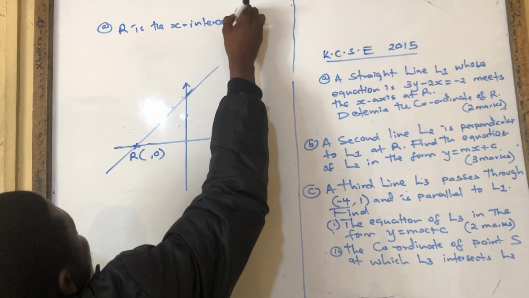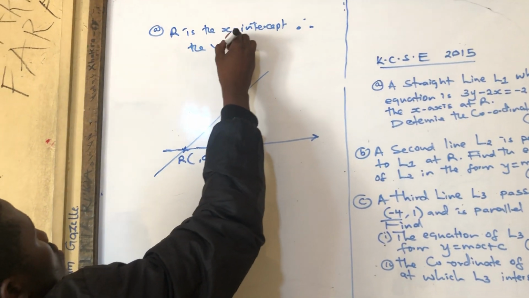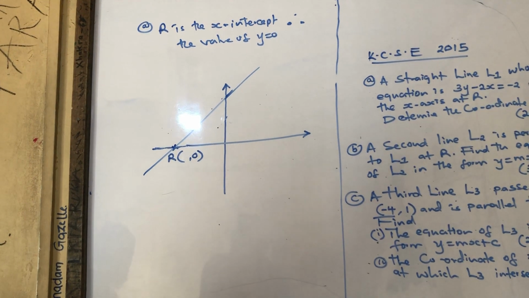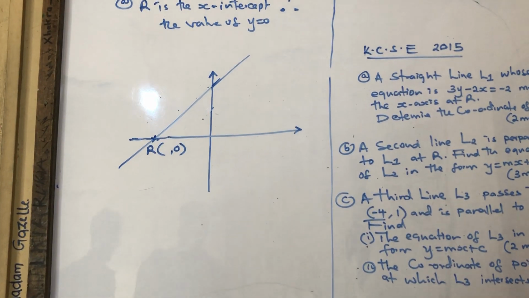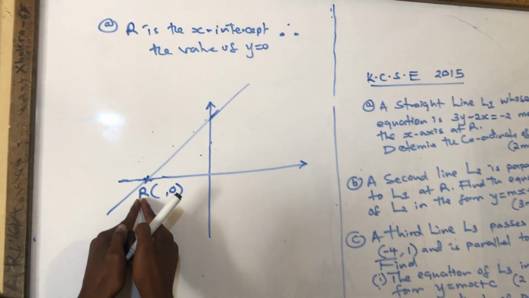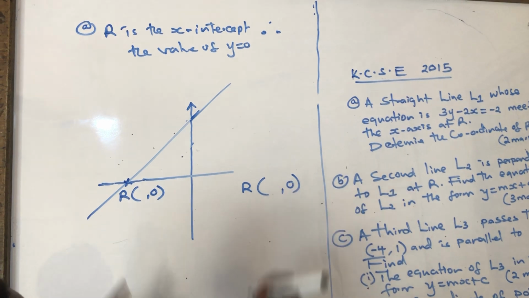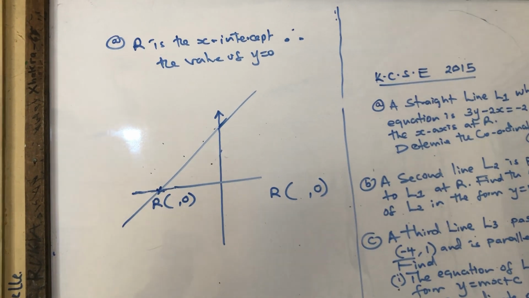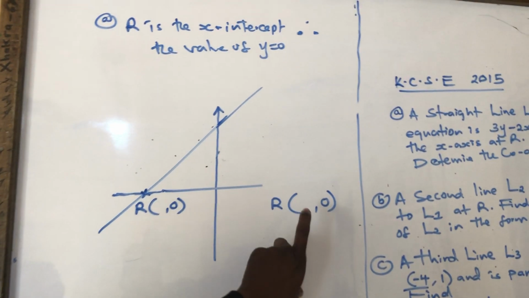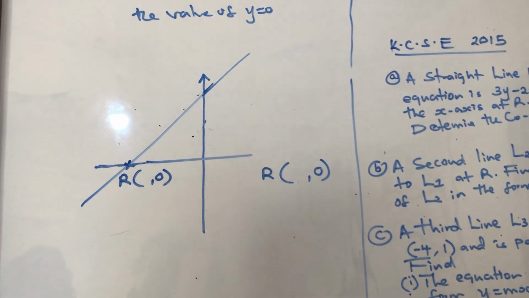Therefore, the value of y is expected to be 0. As we look for the coordinate of R, we already know that the y coordinate will be 0, which implies that we are just looking for the x coordinate.